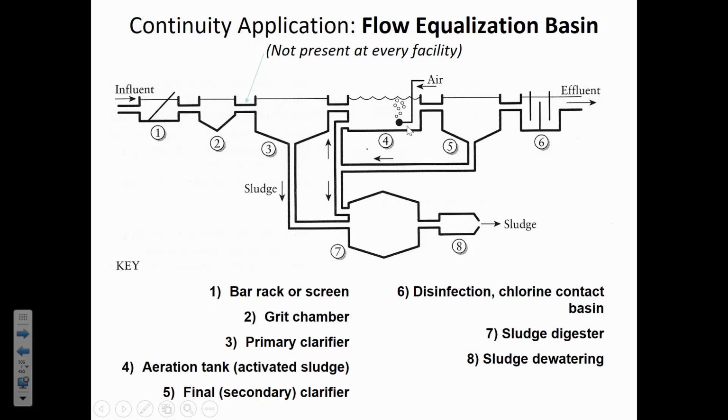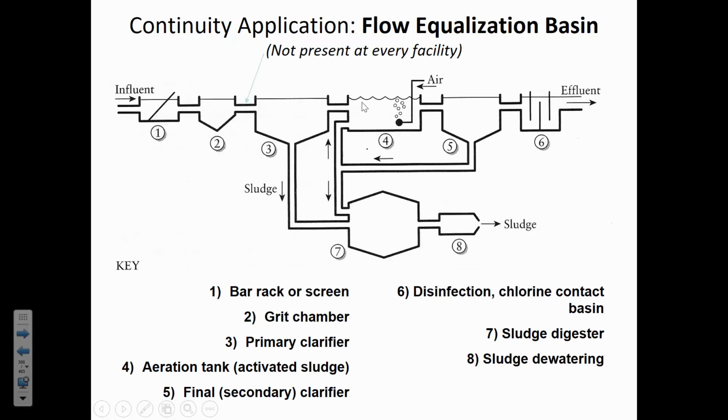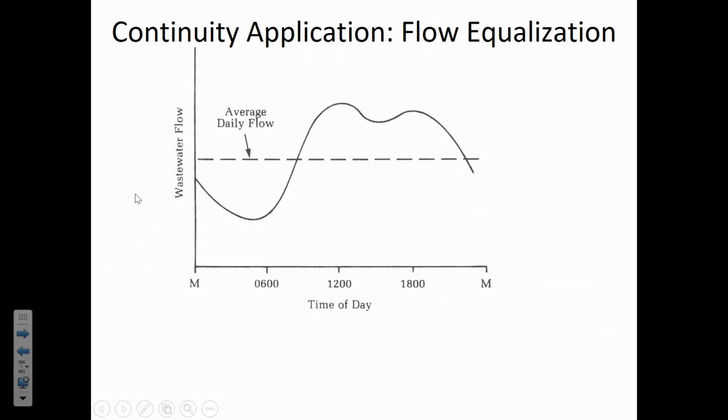But residential flows are highly variable, where there's a big change over time, where the daily average flow isn't necessarily going to be the same as the low flow rates at night and the high flow rates during the day. And so these bugs, which need a steady flow of food and oxygen to be most efficient, are really at odds with the way that we generate wastewater.